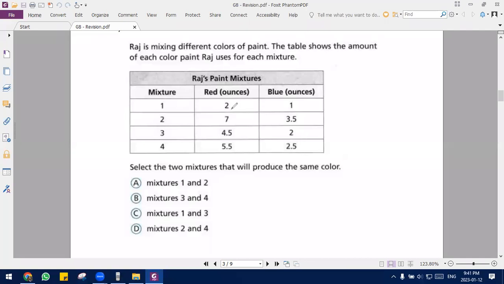So let me here divide 2 by 1 to find the ratio. So I will do like this. So 2 divided by 1 is 2. And then here again, the same thing, 7 divided by 3.5 equals 2. 4.5 divided by 2 will give me 2.25.